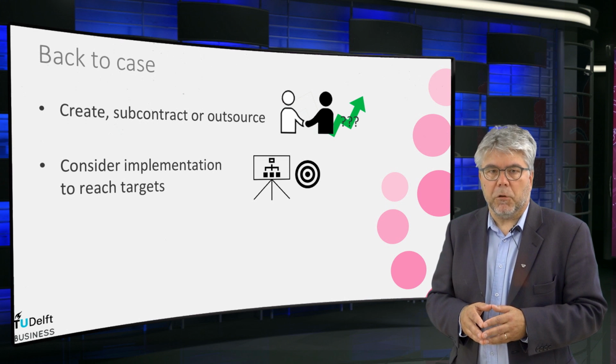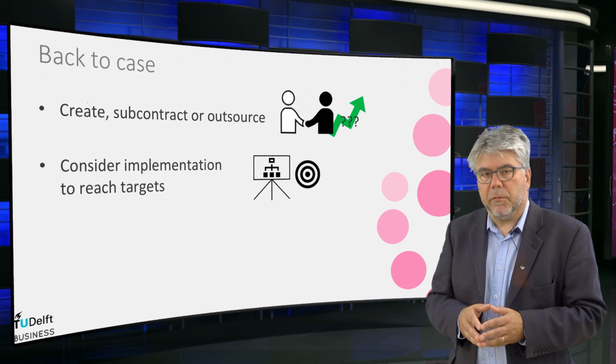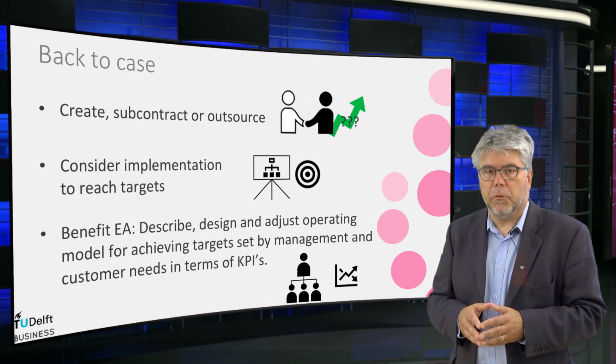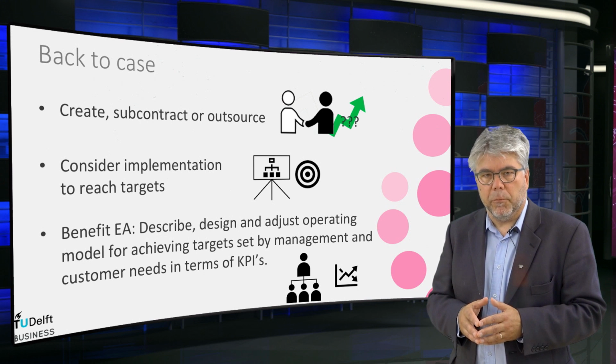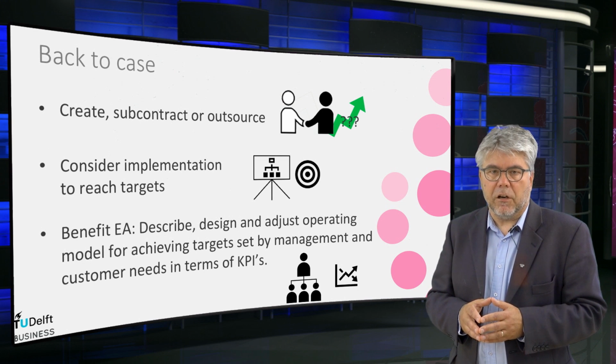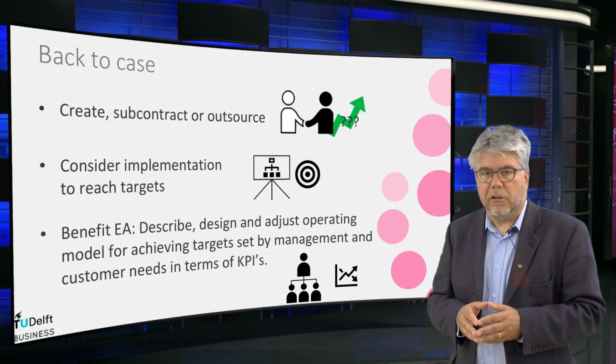The benefit of enterprise architecture is to describe, design, and adjust a modular operating model for achieving business model targets as defined by the management and customer needs in terms of concrete measures of good performance. The benefits of enterprise architecture combined with business modeling became clear when the company soon acquired a competitor in a new geographical region.